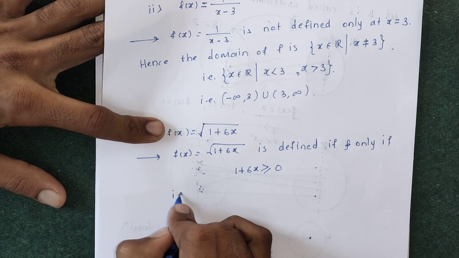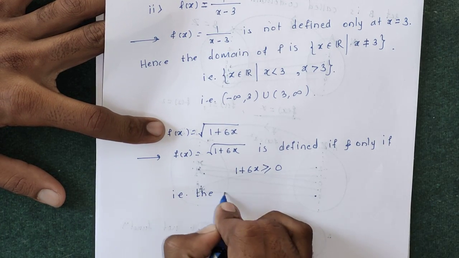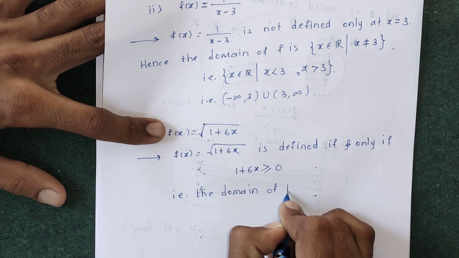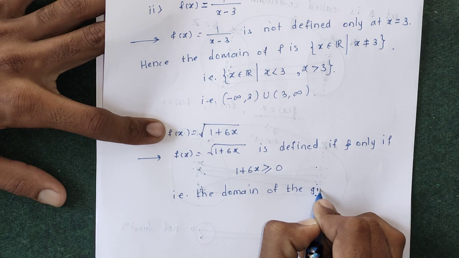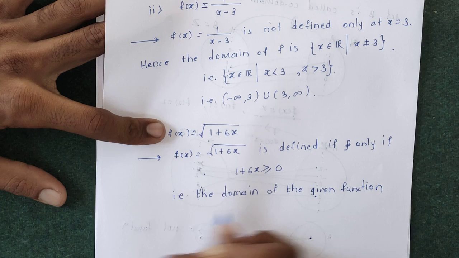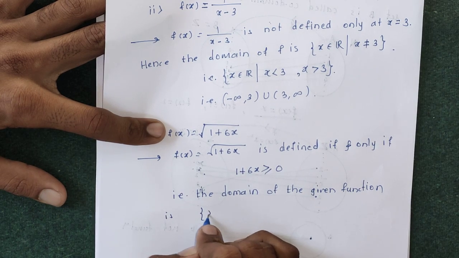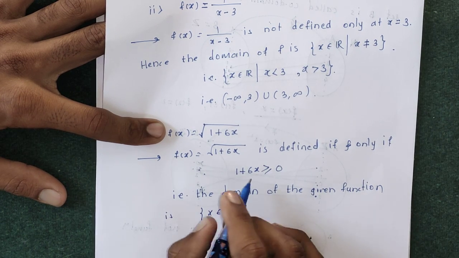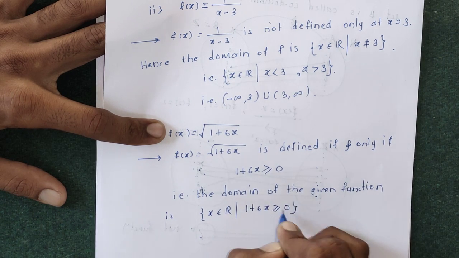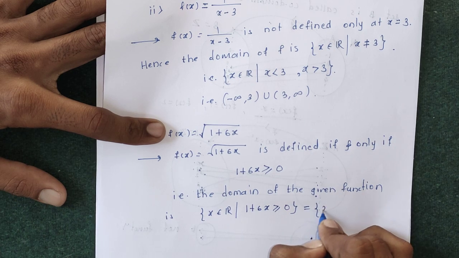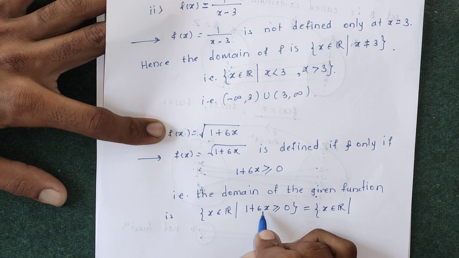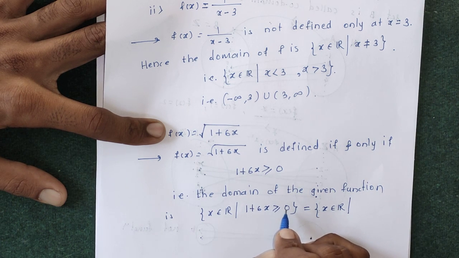That is, the domain of the given function is the set of real numbers for which 1 plus 6x is greater than or equal to 0, which we can write as x belongs to R such that 6x is greater than or equal to minus 1.